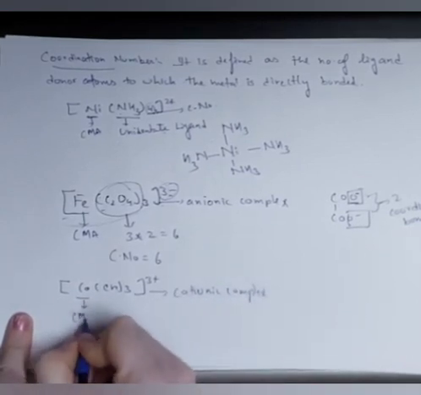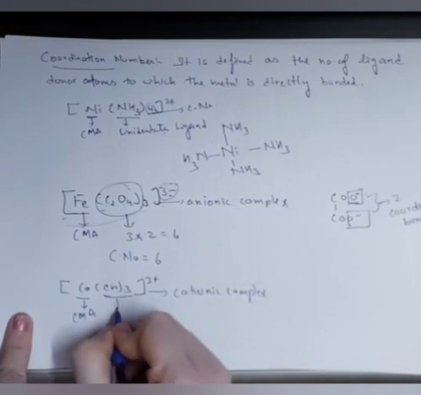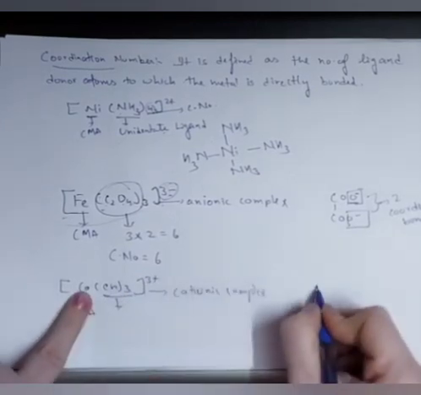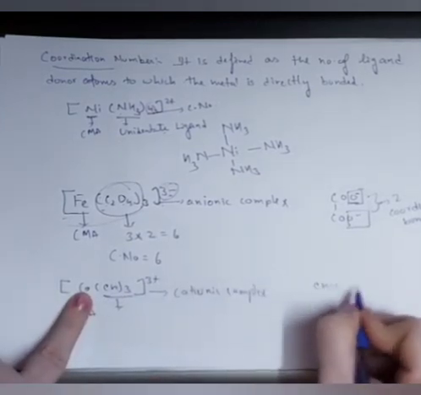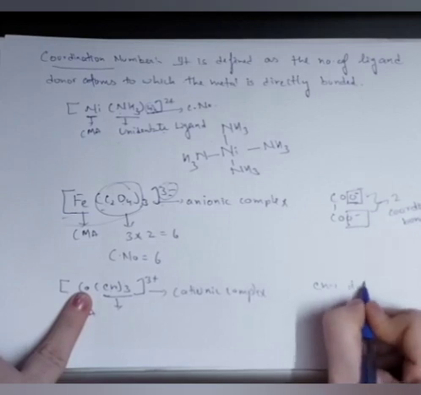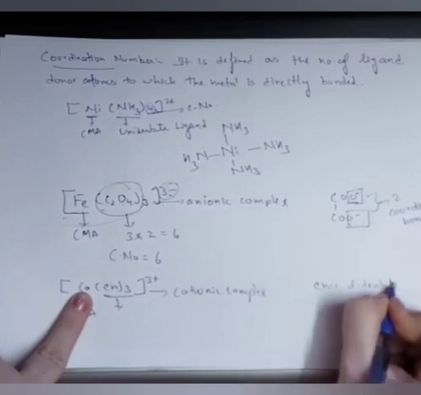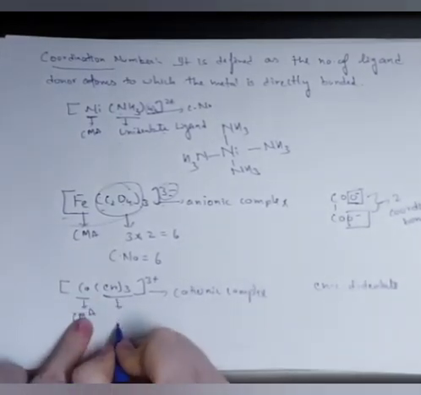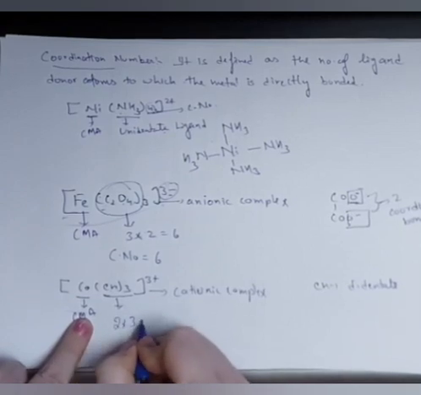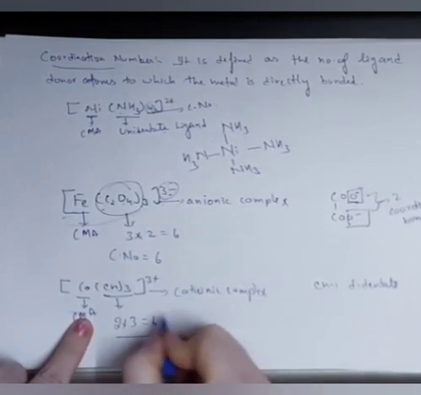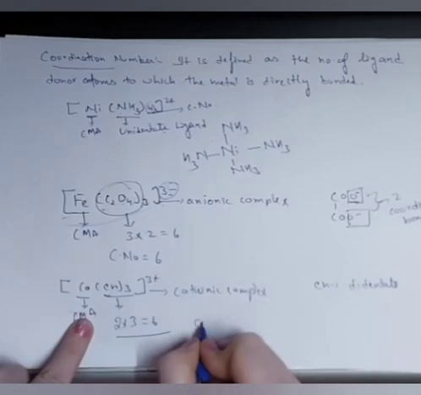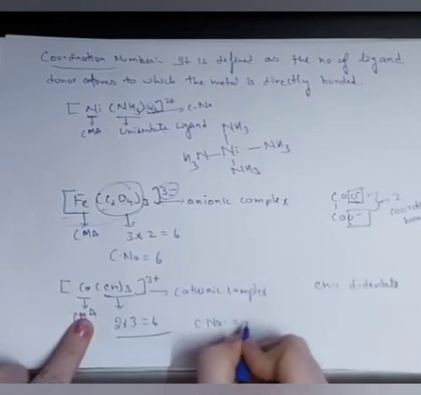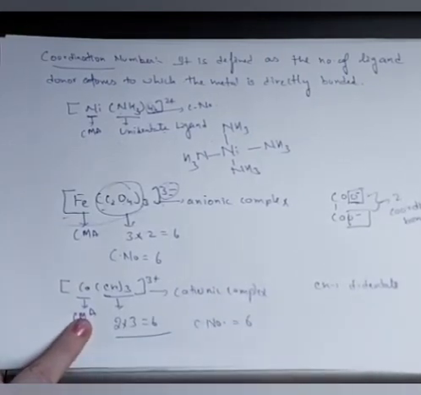This is our central metal atom, and this ligand en represents ethylene diamine, and it is didentate. That means 2 coordination bonds. So 2 into 3 is 6. So the coordination number for this complex is 6. I hope you understood this thing.